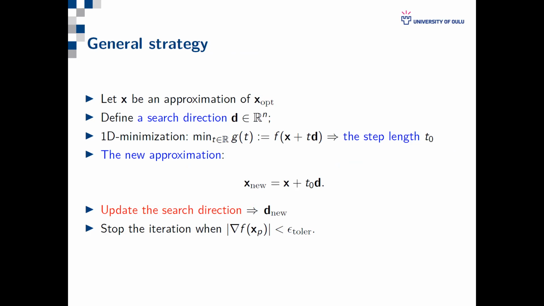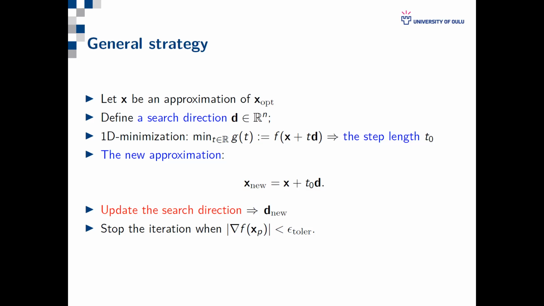On Wednesday I will present a couple of algorithms which don't use this 1D minimization, or the 1D minimization is hidden in the algorithm, so we don't notice that there is 1D minimization.